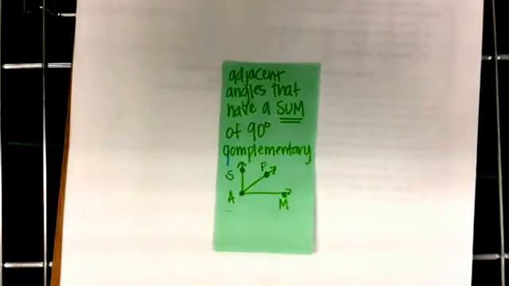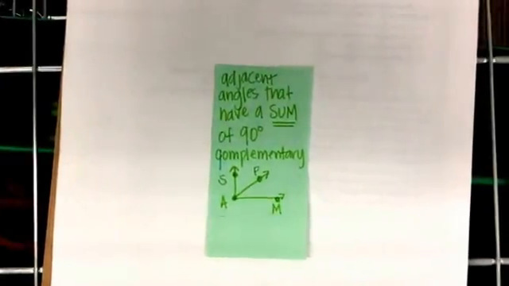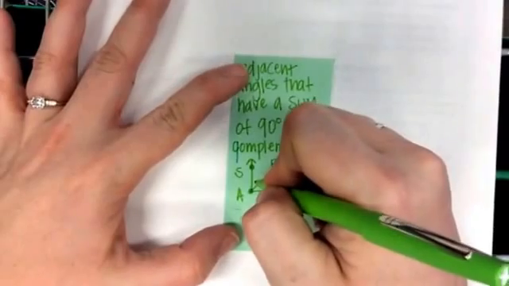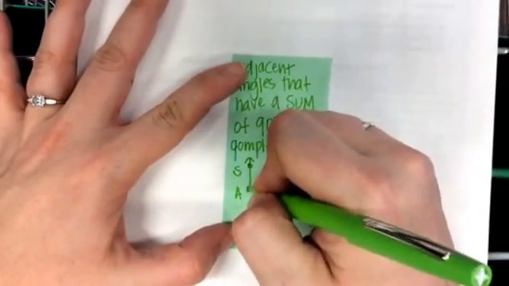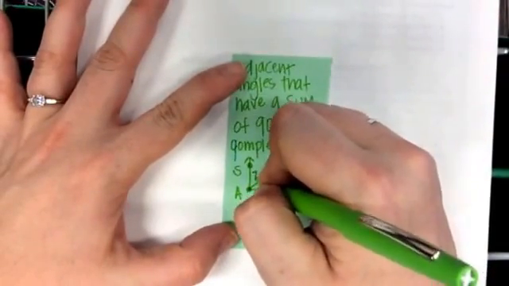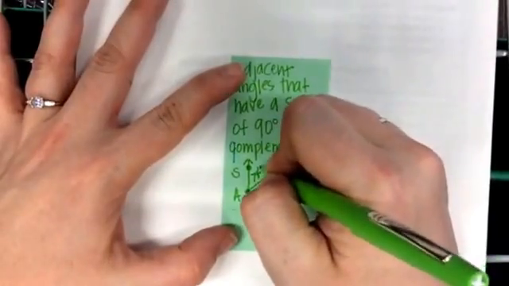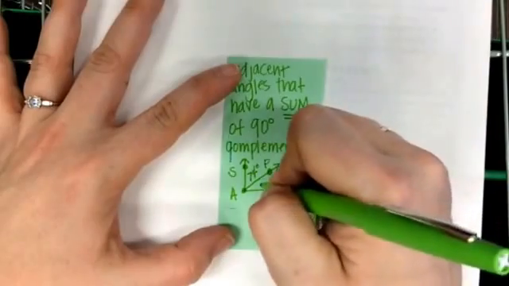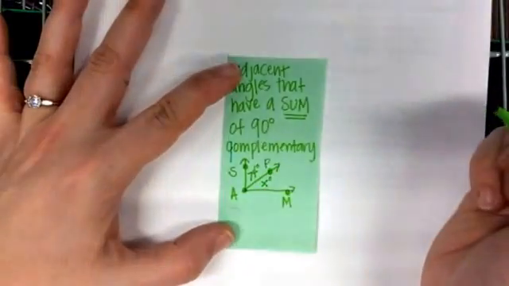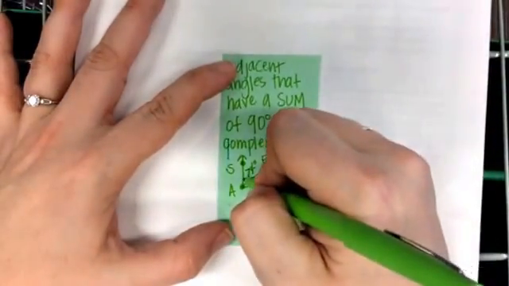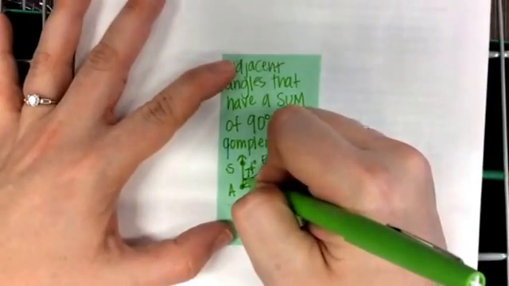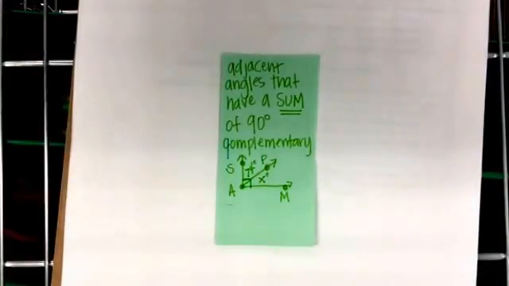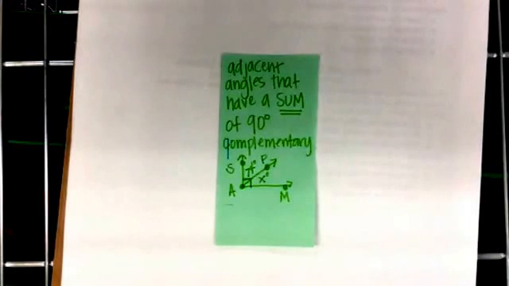They share a side. What side do they share? A and P. AP. And let's say that this angle, SAP, is 74 degrees. And PAM is X degrees. I also need to put this in here, right? What does that box tell me? It's 90 degrees. Can you do some algebra to figure out what X is?